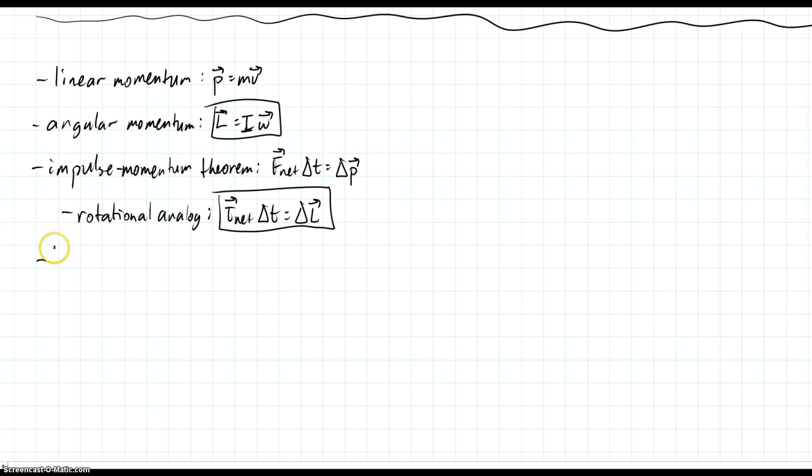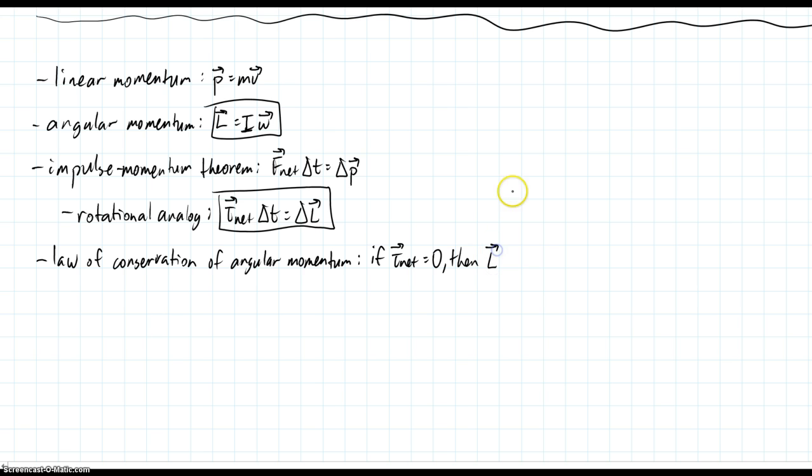Similarly, we have the law of conservation of angular momentum: if the net torque on the system is 0, then the angular momentum of the system is conserved.